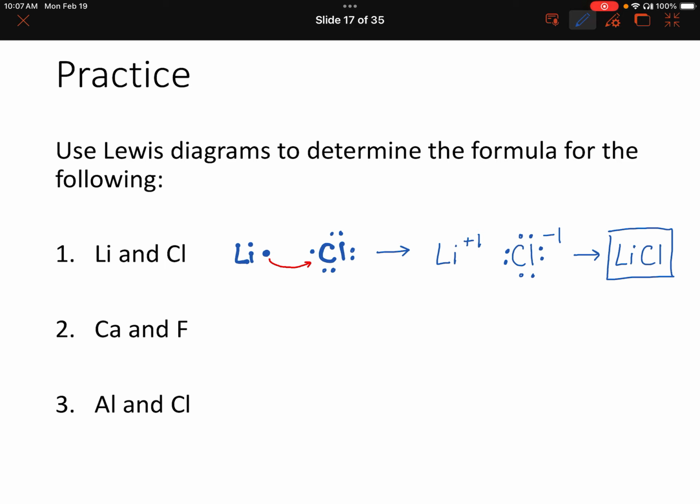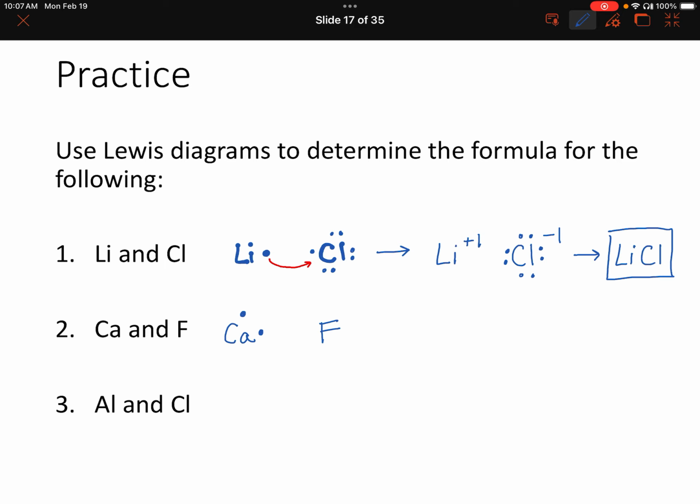All right, so let's look at calcium and fluorine. So calcium, which group is calcium in? Group 2. So how many valence electrons does calcium have? 2. Okay, and then fluorine, which group is fluorine in?